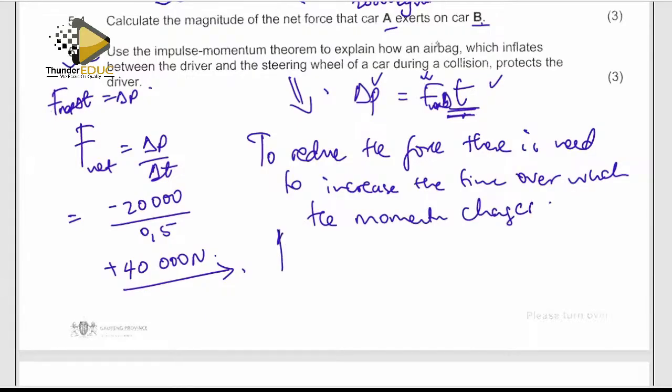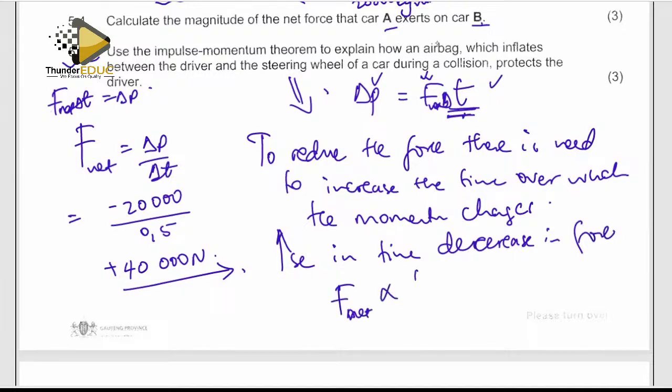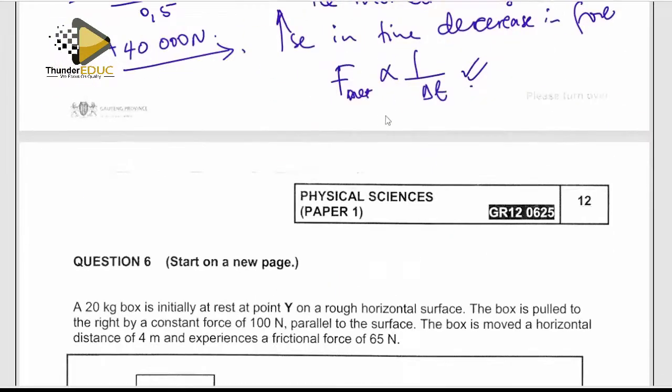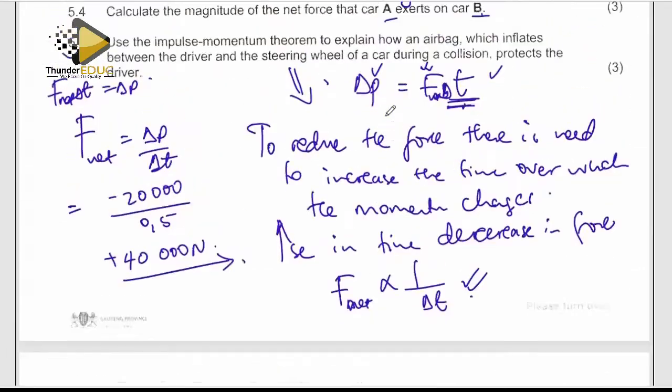So increase in the time will lead to a decrease in the force. You can even write this kind of expression whereby the F net is inversely proportional to delta T. Okay, something like that. Then question number 6.